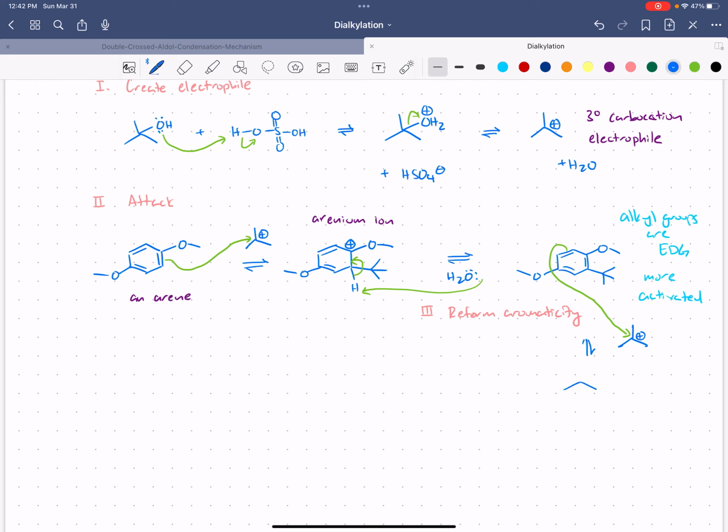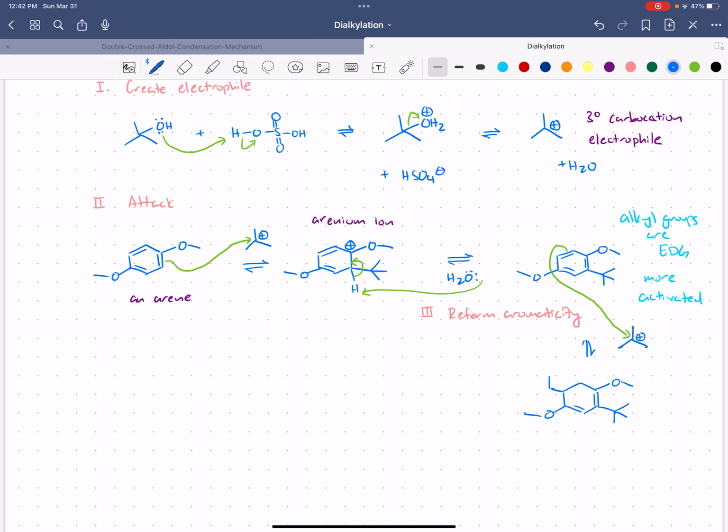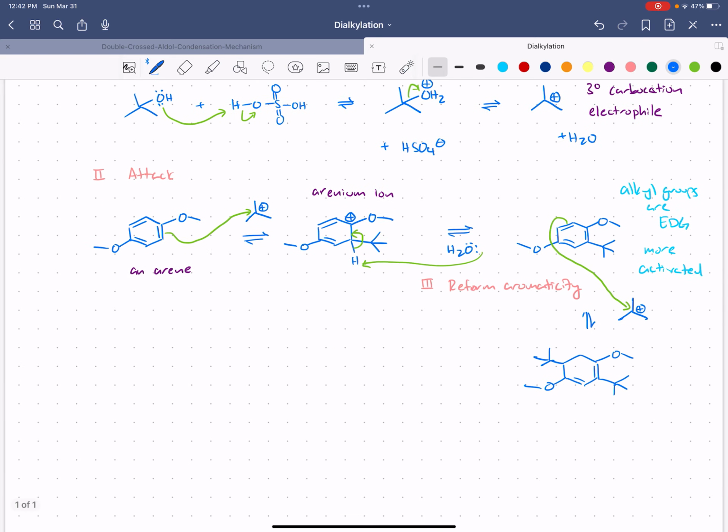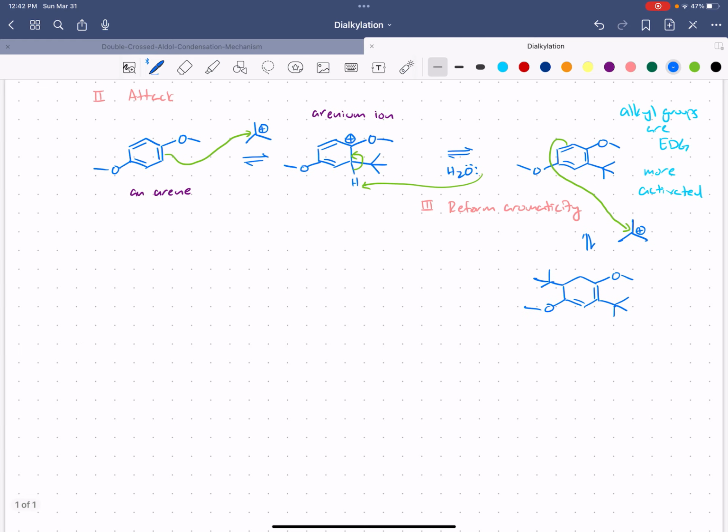This is our second addition, or really it's a substitution. And we got rid of this double bond on the upper left. Okay, so what did we add? We added the tert-butyl group here. And do you know where the carbocation is right now? It was this carbon here that's naked.